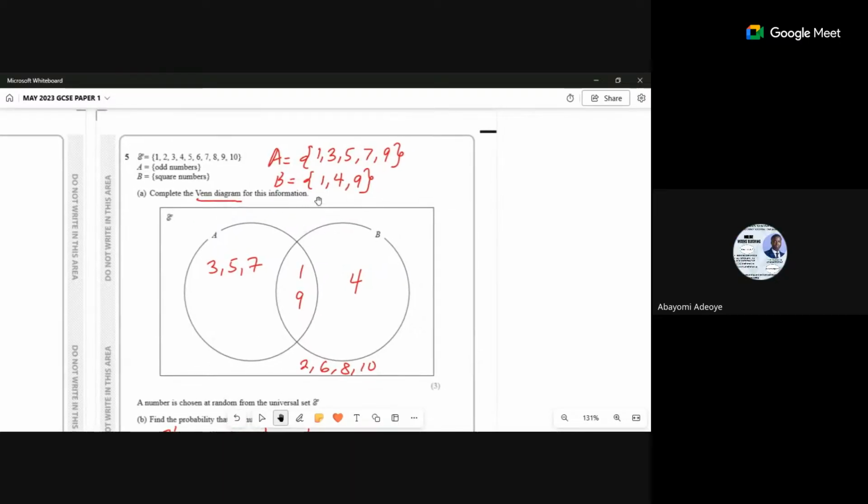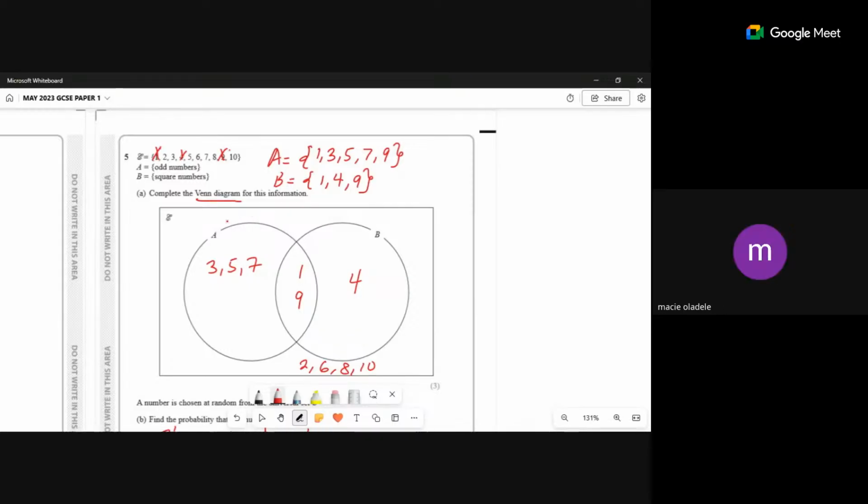Okay, let me explain again. Set B is 1, 4, and 9. What's the universal set? 1, 2, 3, 4, 5, 6, 7, 8, 9, 10. Now this is what I expect you to do. I'm going to cancel this, this, and this. Do you get that now? Yeah.